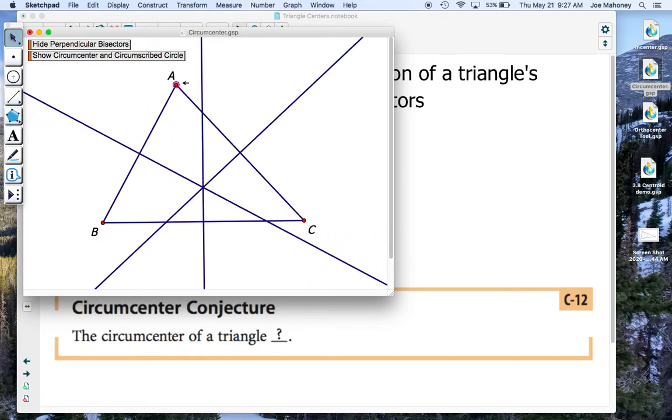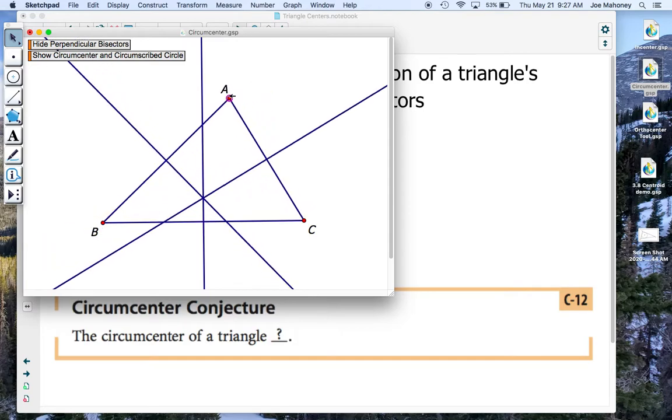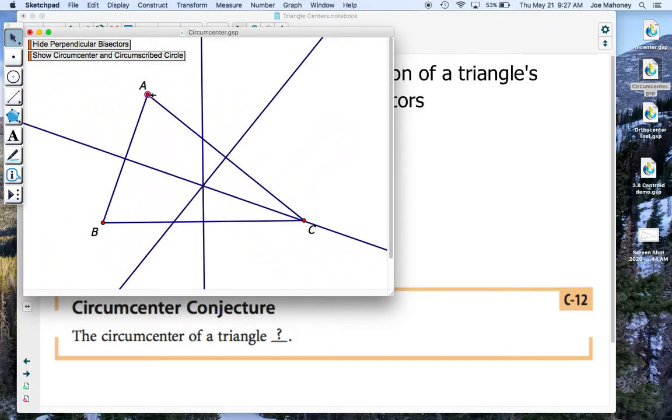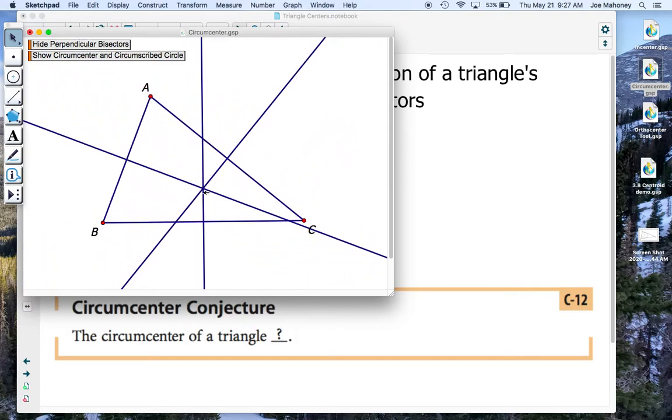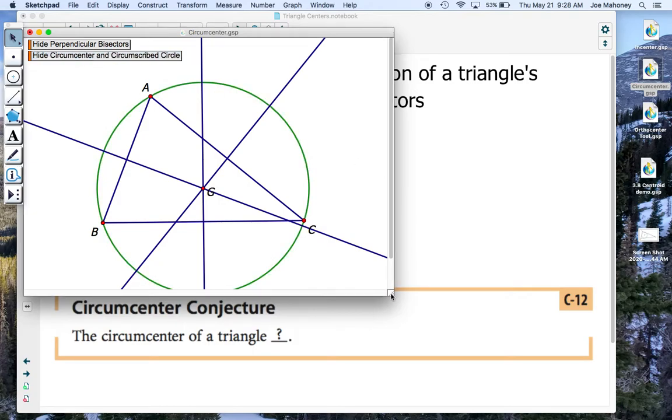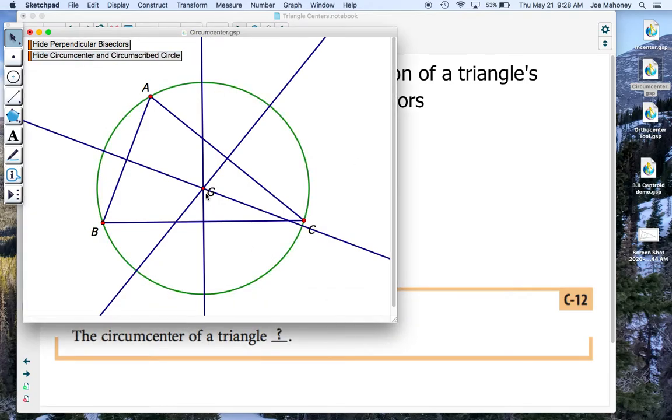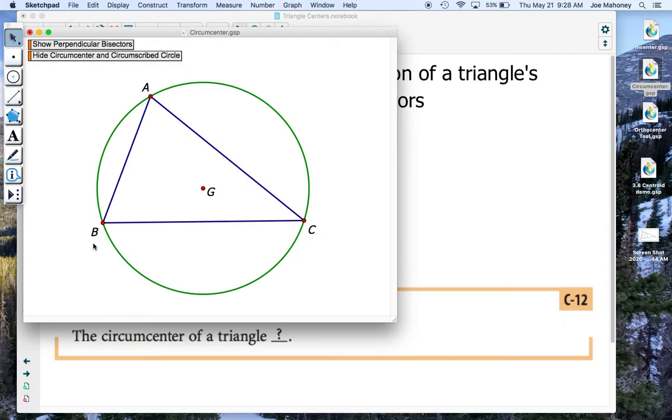If I drag this triangle around a little bit, all three of those segments stay perpendicular. And notice that all three perpendicular bisectors are concurrent. Let's show that point, the circumcenter. What's neat about this is that the circumcenter, the intersection of the perpendicular bisectors, is the center of what we call the circumscribed circle. If we circumscribe a circle, we put it on the outside of the figure.